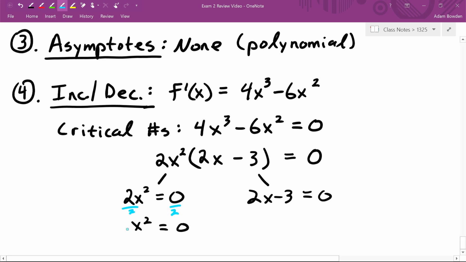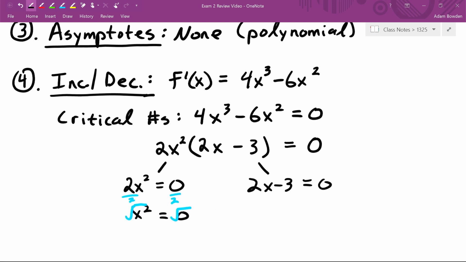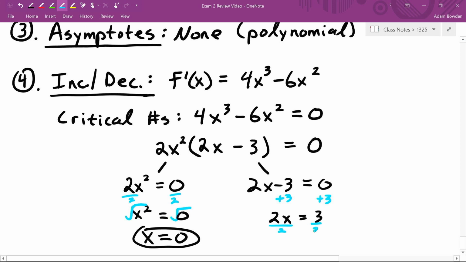However, even taking the square root of both sides still just leaves it as x equal to 0. On the other hand, when we solve this other factor equal to 0, 2x equal to 3, divide out the 2, x is equal to 1.5.